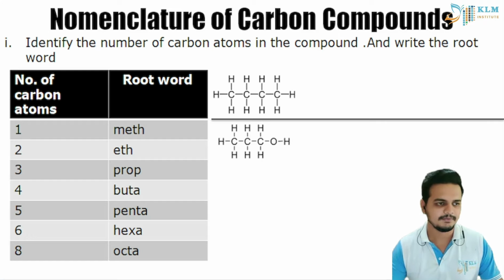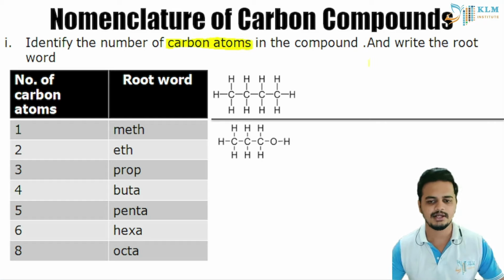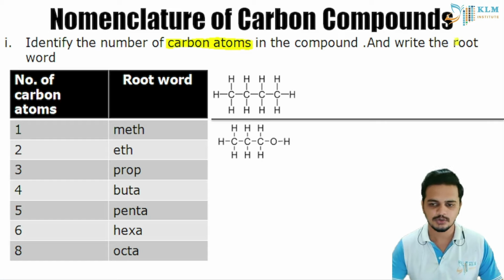So let's see. Identify the number of carbon atoms in the compound. First we should count the number of carbon atoms and write the root word. So what is the root word? Root words tell us how many carbon atoms are there in a compound.